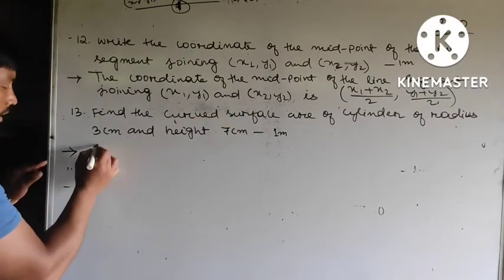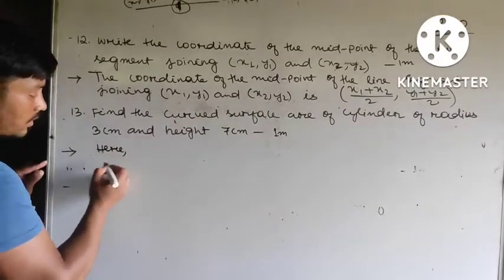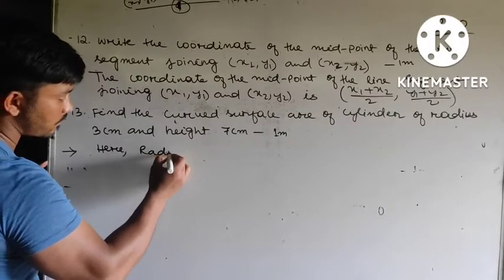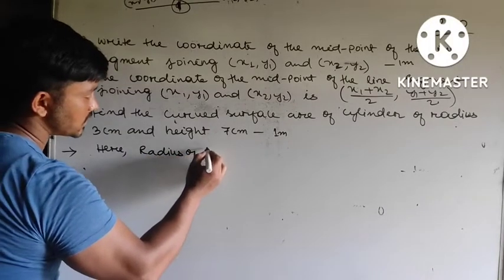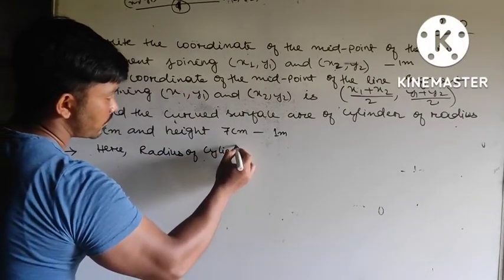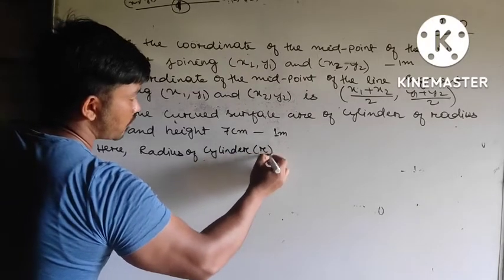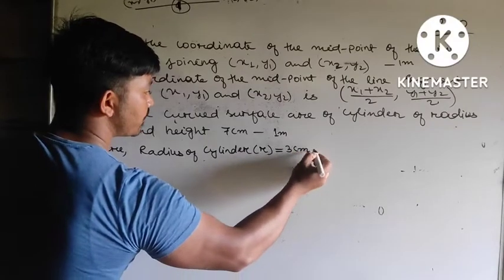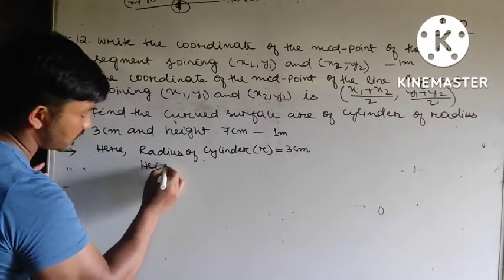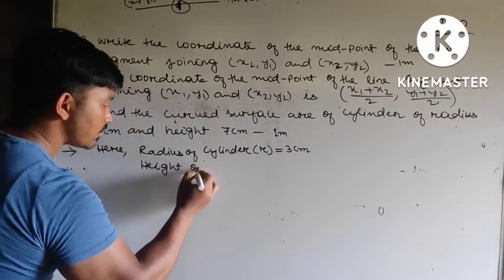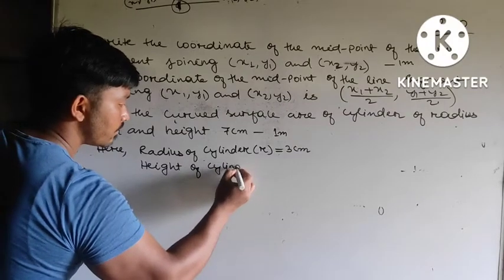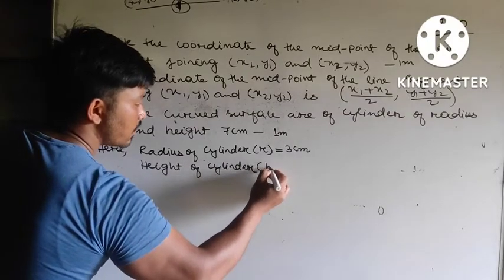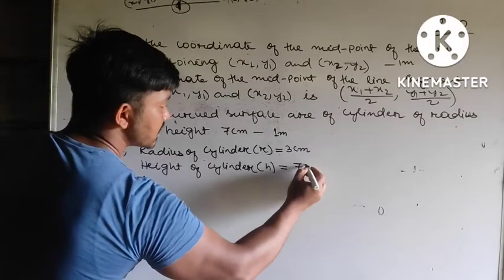So I'll write here: radius of cylinder, we denote by small letter r. Radius is given as 3 centimeter and height of cylinder, H, is given as 7 centimeter.